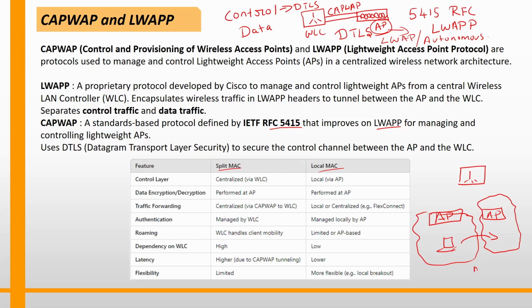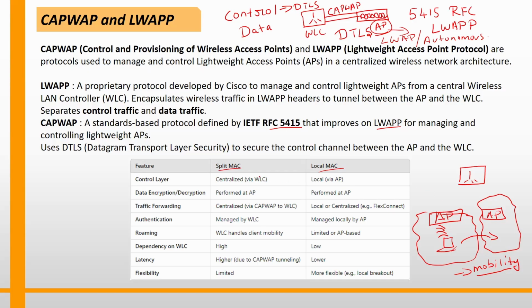And that feature is called the mobility feature. So mobility is possible in a central environment like split MAC. The client connected to an SSID from one access point can move to another SSID in another access point. That is possible through the feature called mobility.